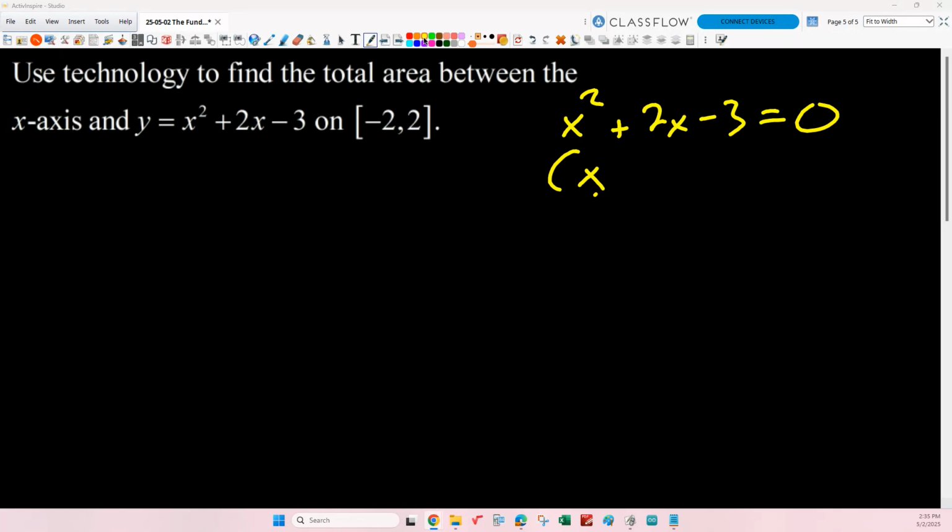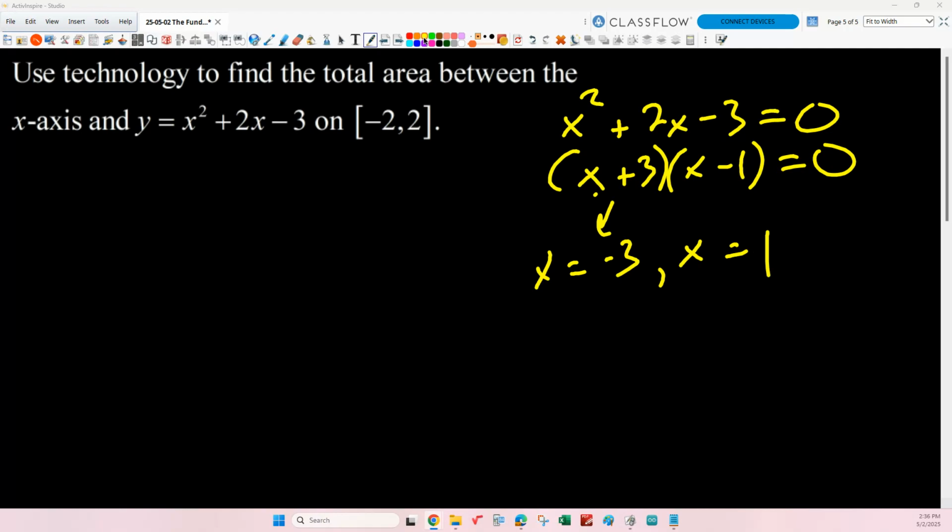What are the magic numbers here? Yeah, plus 3, minus 1. Good. We don't have to use the quadratic formula. We get solutions x equals negative 3 or x equals 1.